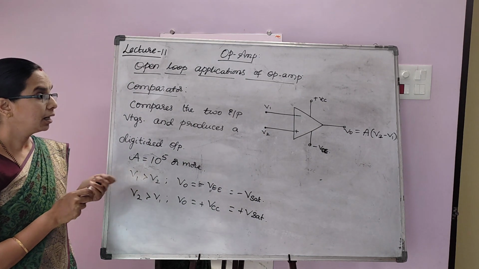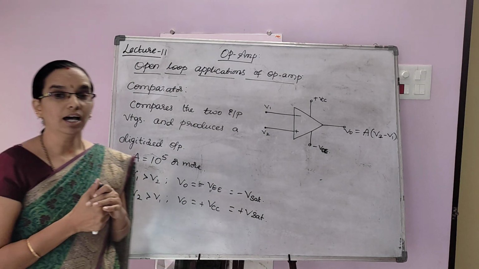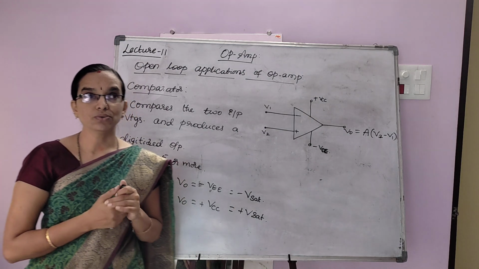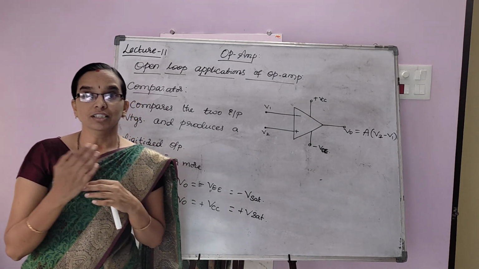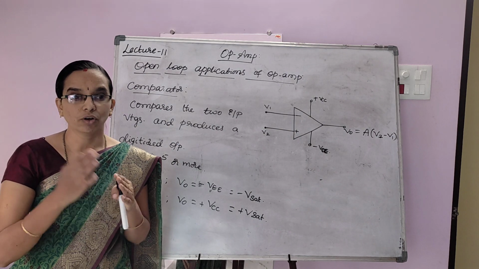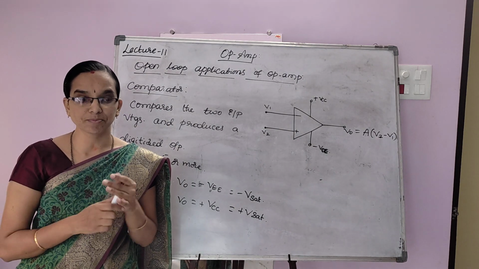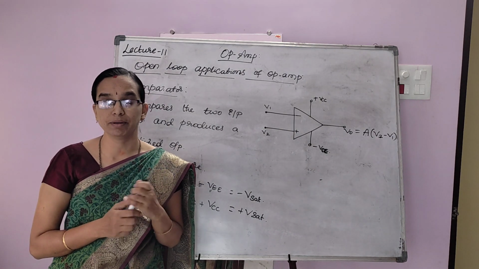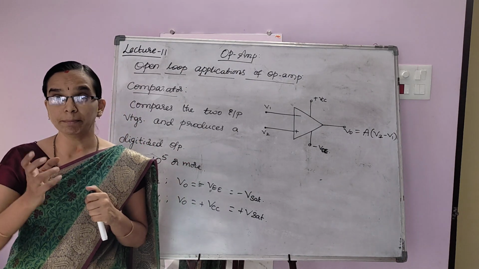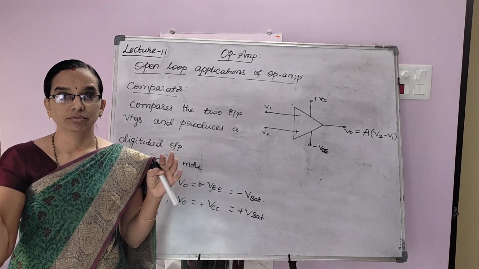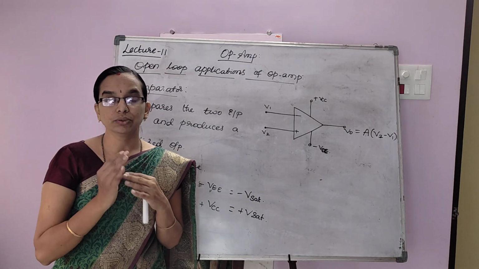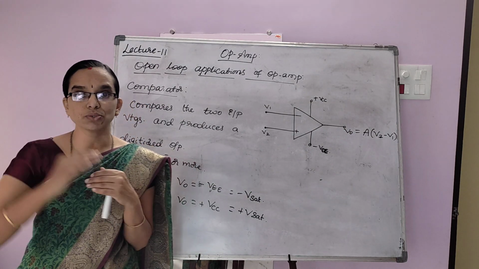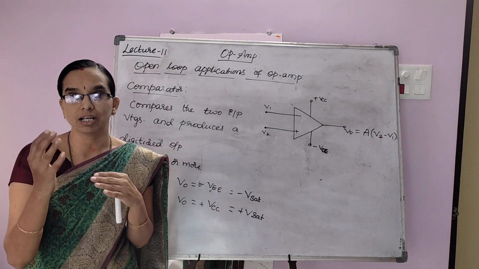These comparators are usually used while comparing input voltages with some reference voltage. For example, if you are monitoring the temperature of a room, you will fix a reference temperature level.